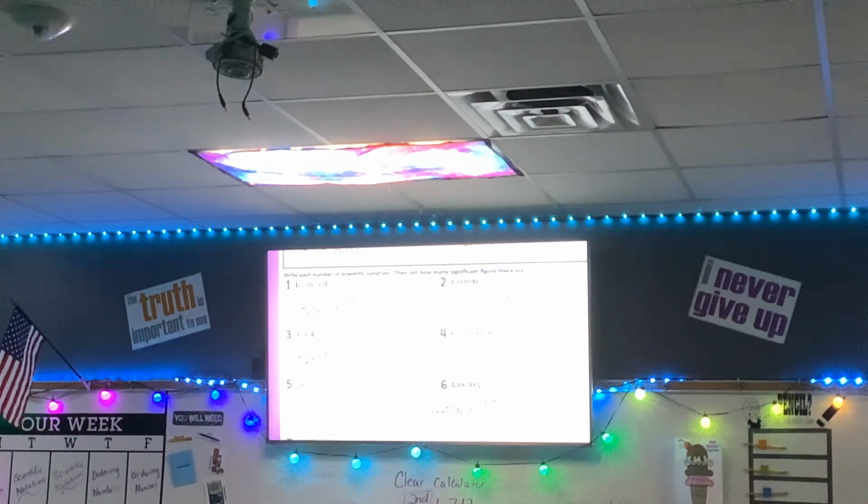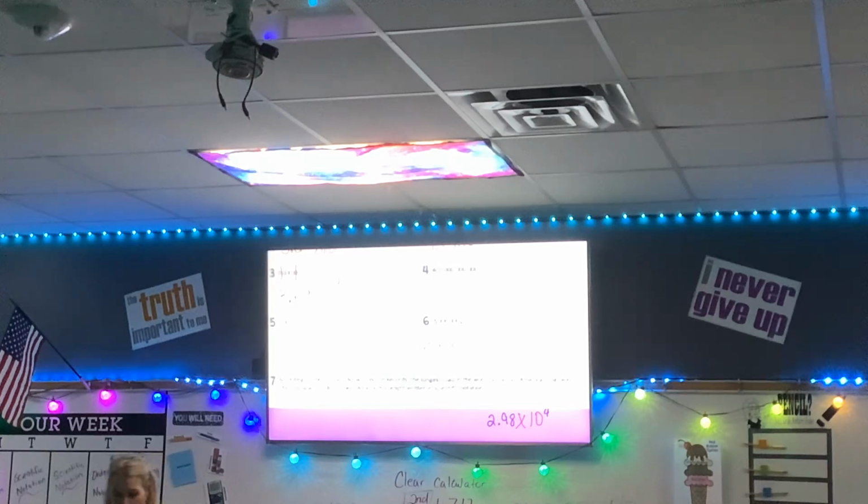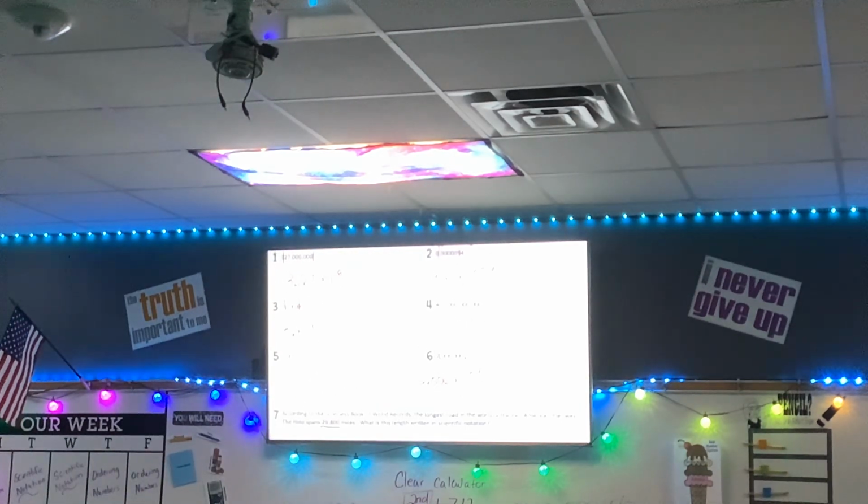Now, don't worry when they give you a word problem. It doesn't mean it's any more difficult. According to the Guinness Book of World Records, the longest road in the world, the Pan American Highway, spans 29,800 miles. So I'm just going to pull that number out. What is the length in scientific notation?